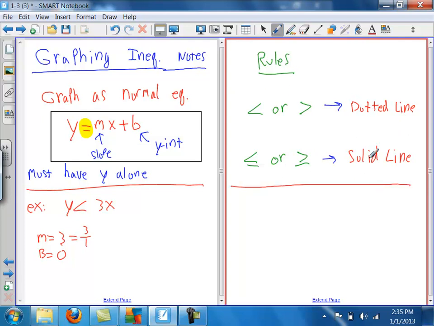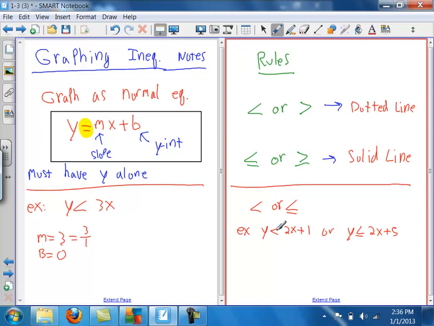And then our second set of rules is looking at where we want to shade. So when we have it like this, when it's pointing towards the y, let me give you an example: y is less than 2x plus 1, which is what we were doing, or y is less than or equal to 2x plus 5.